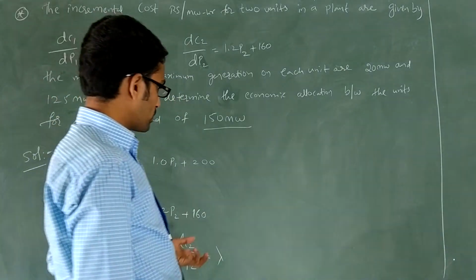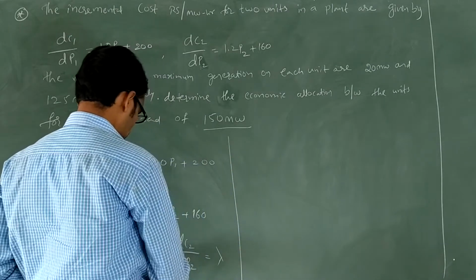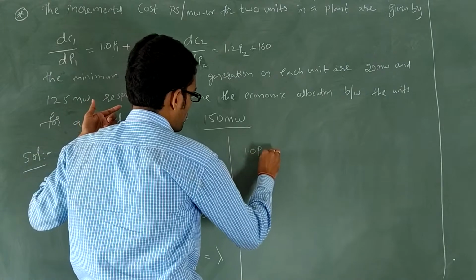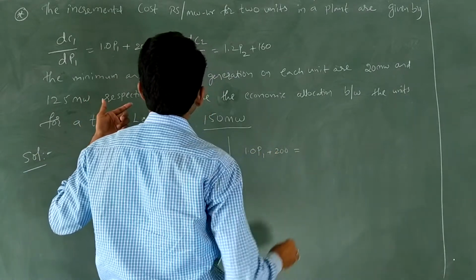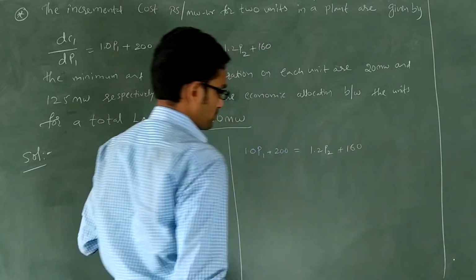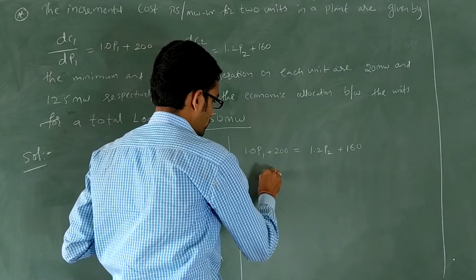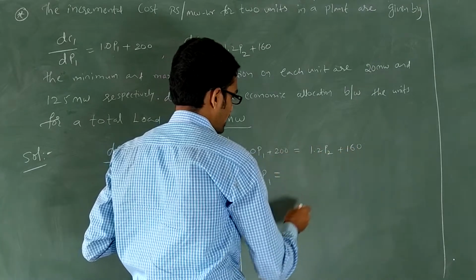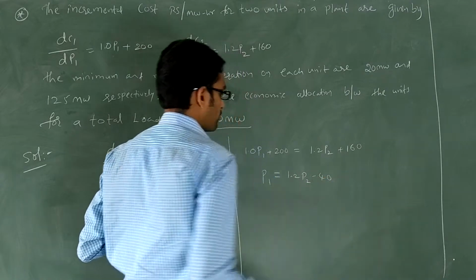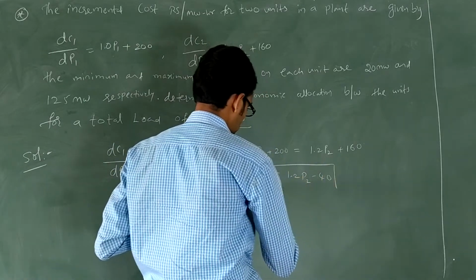So 1.0 P1 + 200 = 1.2 P2 + 160. If I take 200 to that side, P1 = 1.2 P2 - 40. So this is the equation for P1.